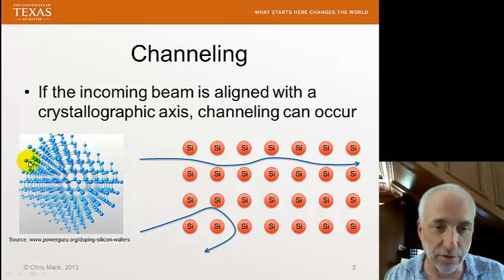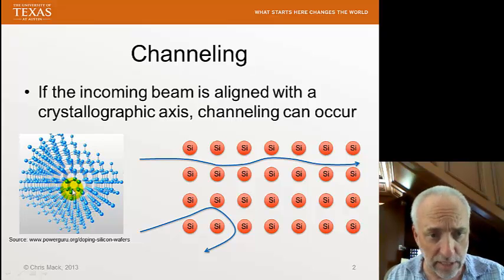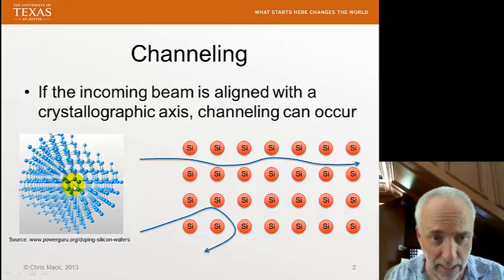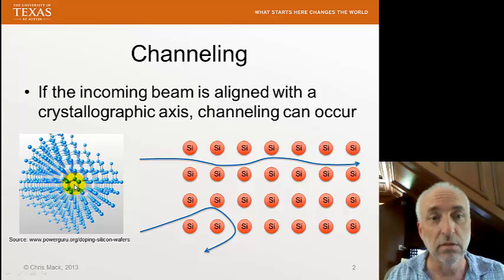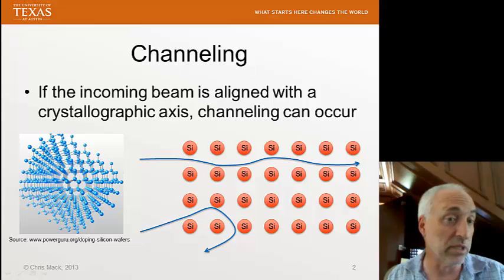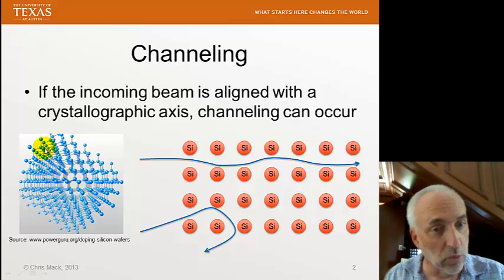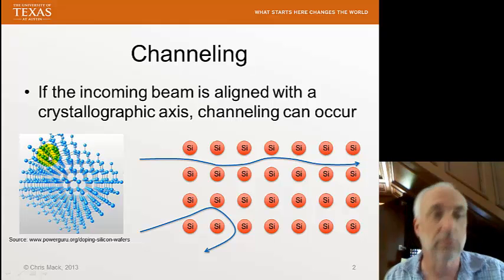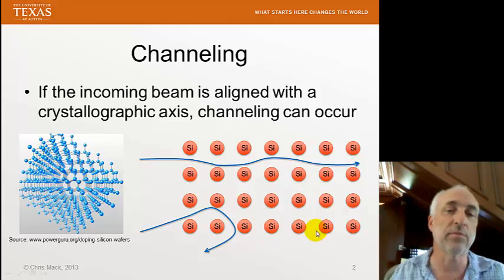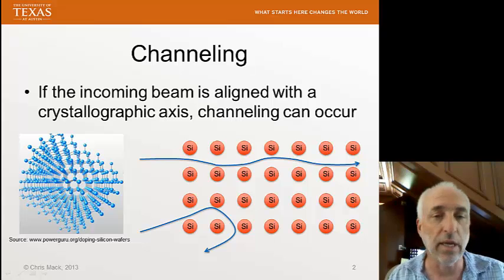So here's a three-dimensional view of a silicon structure, and you'll notice that if I look in just the right spot, there's a long hole that if an ion were to be properly aligned with that hole, you can imagine it could go down that channel for a long ways without being disturbed, versus if it hit at an angle, what it sees is a big barrier of silicon atoms that it would run into and scatter a lot.